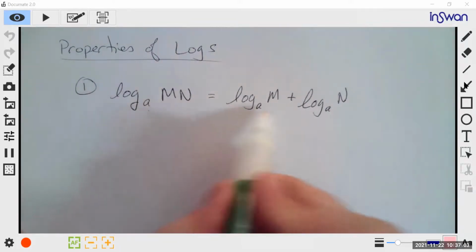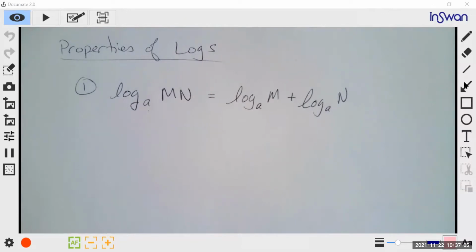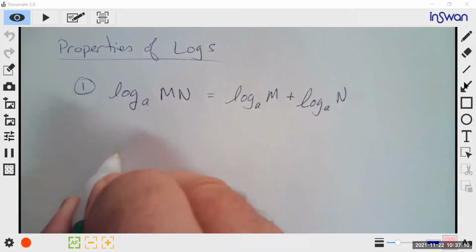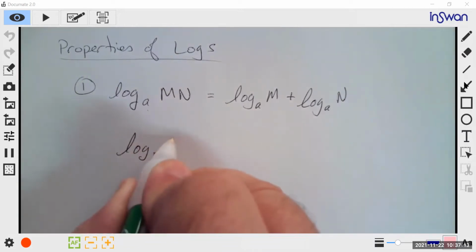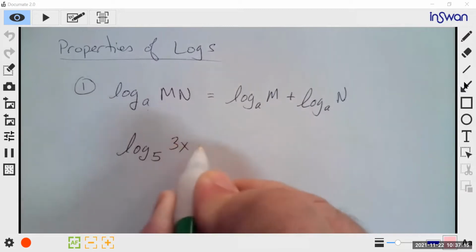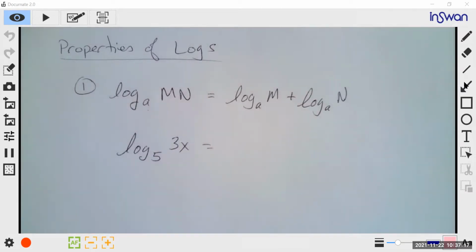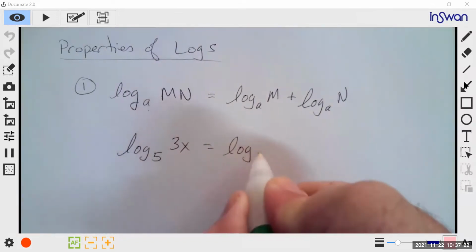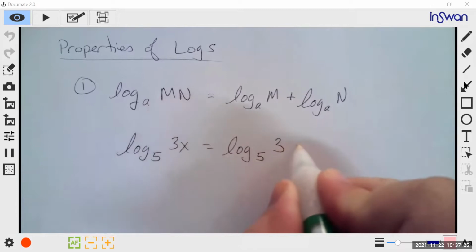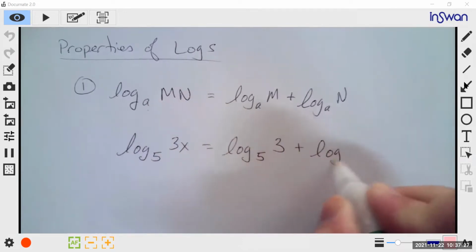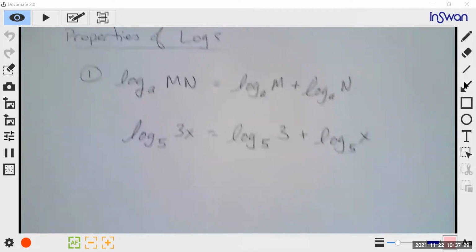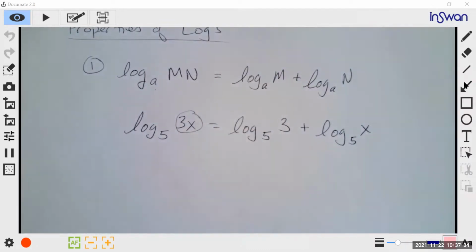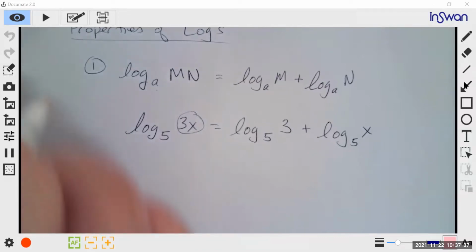And it's still the same base, log A. So log base 5 of 3x would equal log base 5 of 3 plus log base 5 of x. Because this is a product, I can split them up. This is called the product rule.